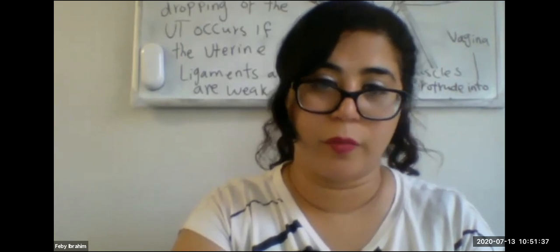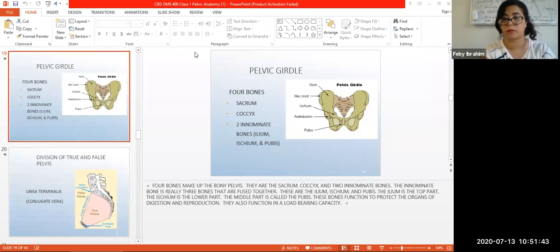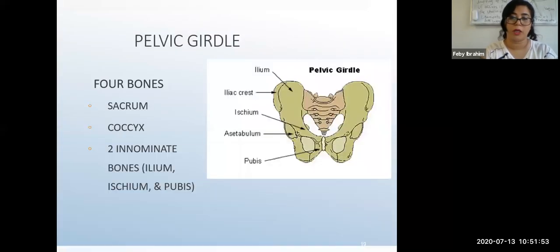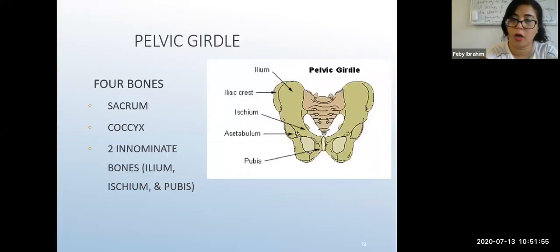Next, it will be the pelvic bones. Pelvic girdle, we have four bones: sacrum and the coccyx, and we know the sacrum and the coccyx are posterior, right? Sacrum and the coccyx.